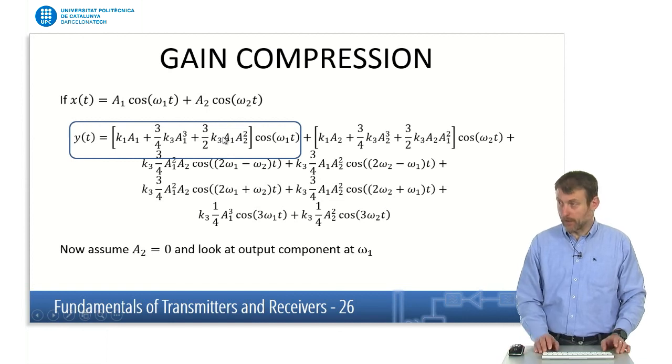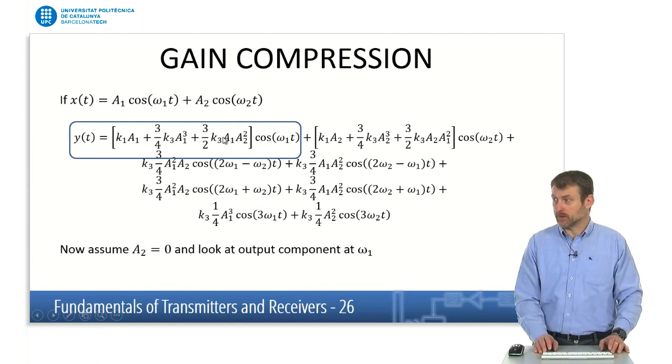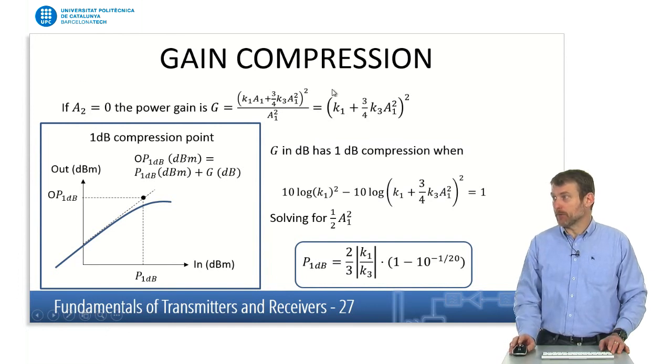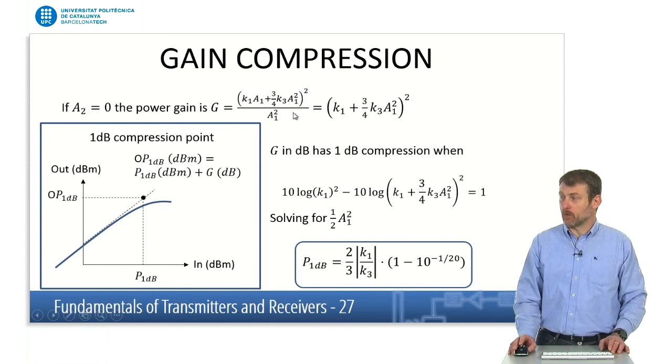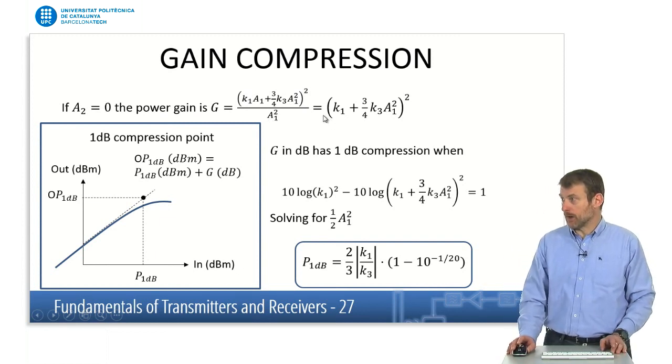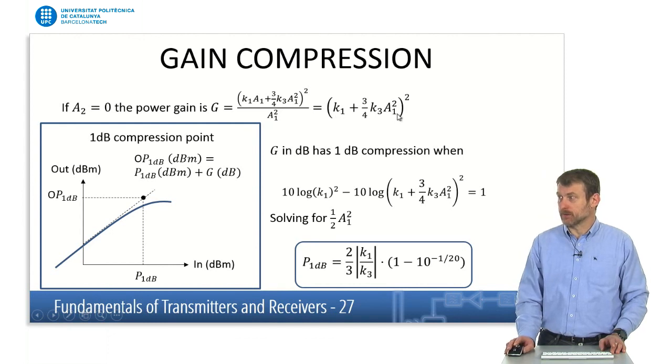So for this particular case, what we have is that the output amplitude is something like that, or if you want, the power gain is the ratio of this amplitude squared to the amplitude of the input tone squared, right? So in general, the power gain for this case is something like that, right?